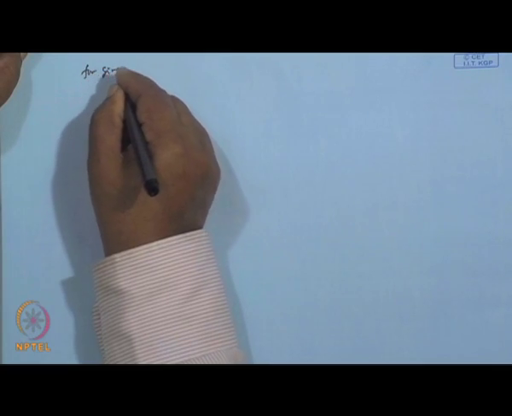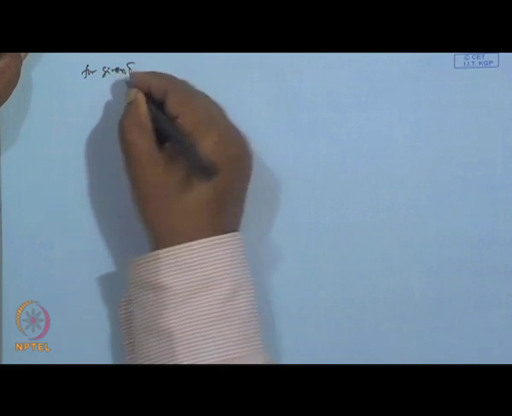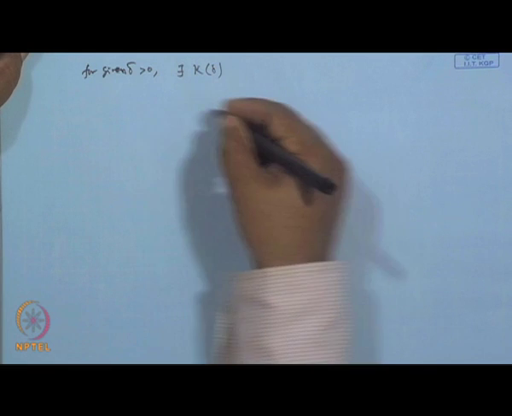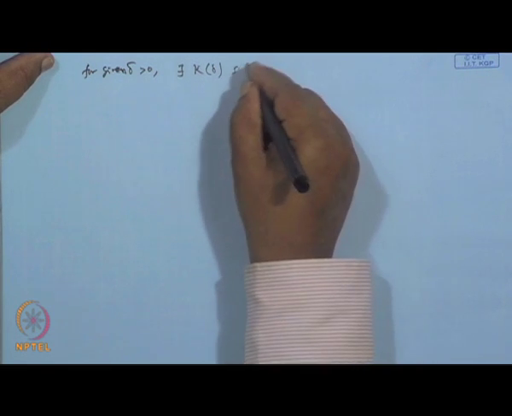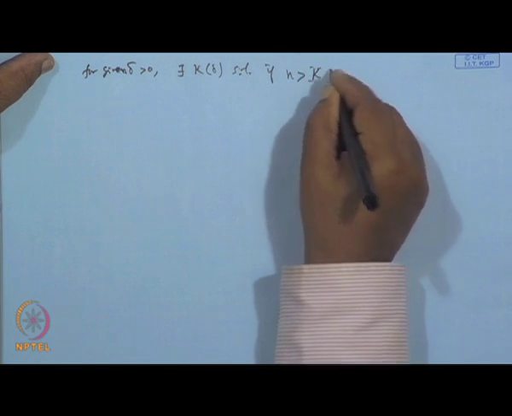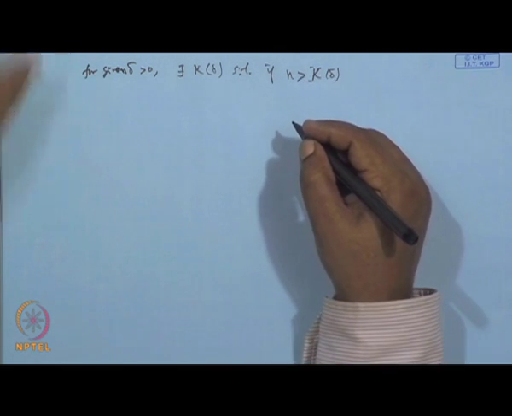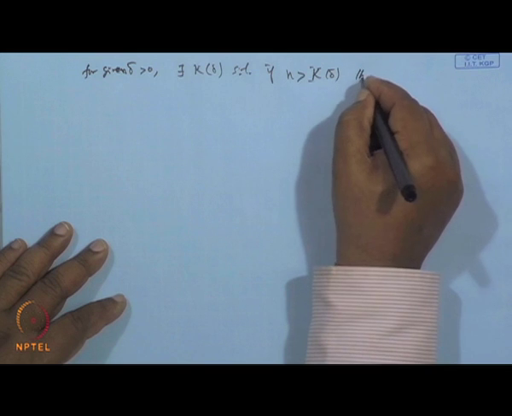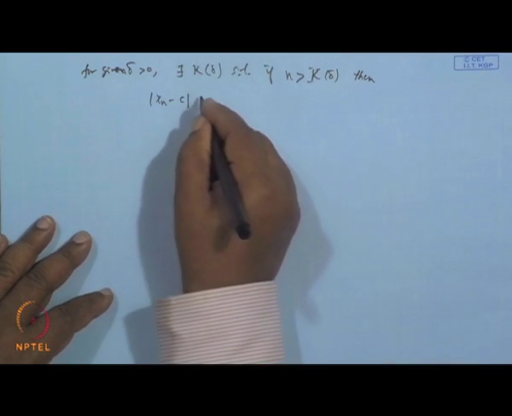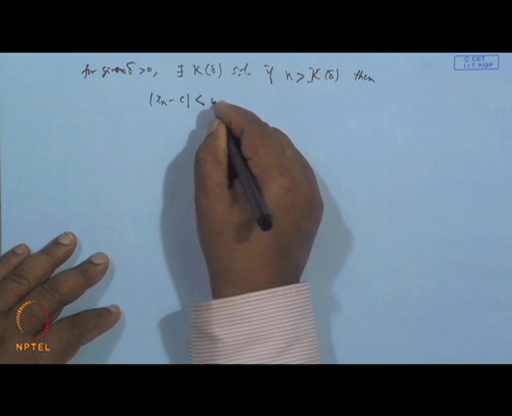So, by definition, for given delta greater than 0, there exists a K depending on delta such that if n is greater than K, then mod of x n minus C will remain less than delta.